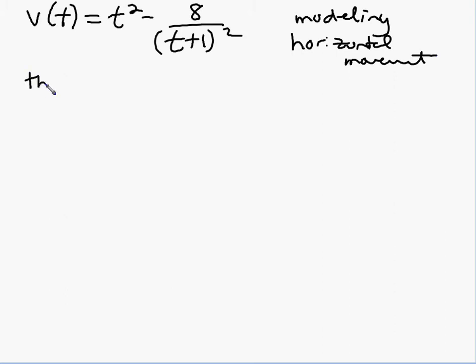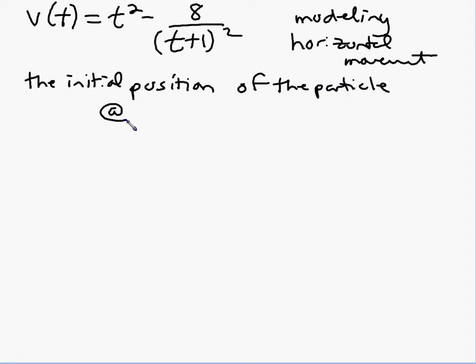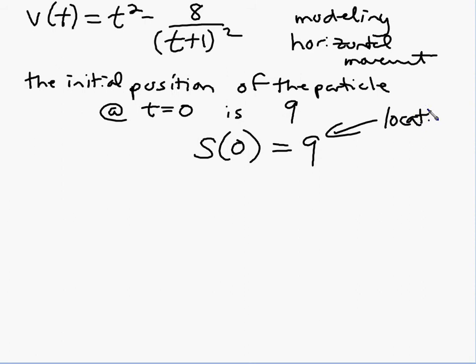Let's say the initial position, that's going to come up several times the next few weeks. If the initial position of the particle at time 0 is 9, or in other words, remember the position function we called s? We could think of it as s of 0 equals 9. This is a location, the location of the particle.